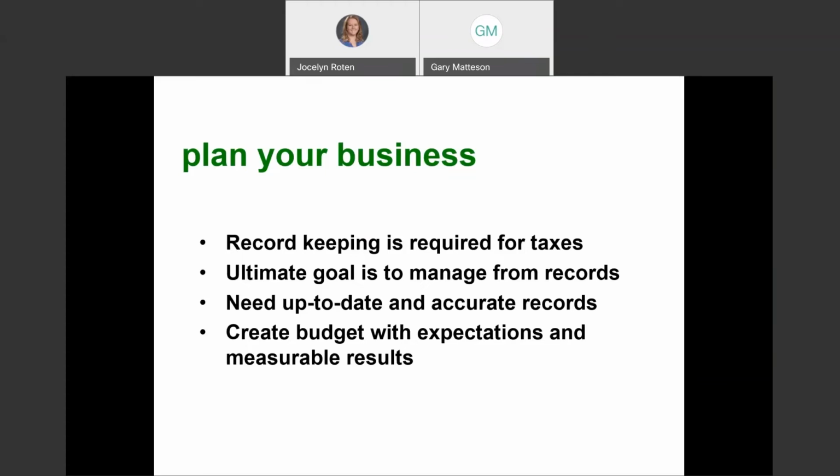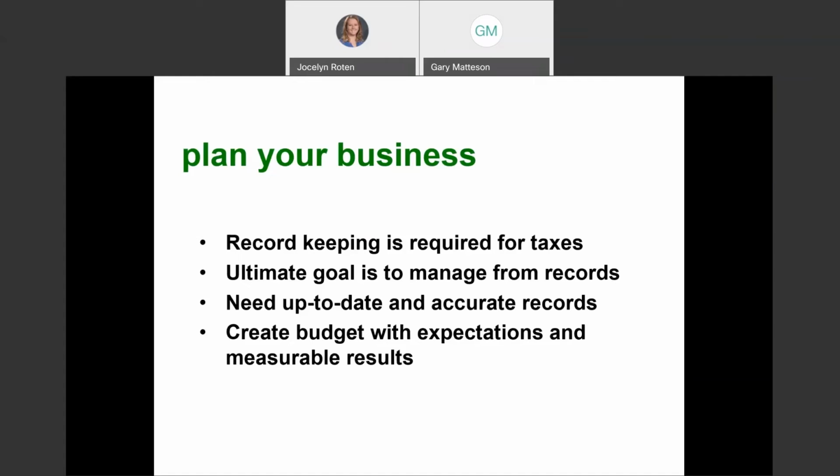They're going to feel a little different. I encourage you to understand the difference between the records that you keep to manage your business, like planting times and particularly the cash flow of that business. Those records are going to be different than what you would be required to do for tax purposes.